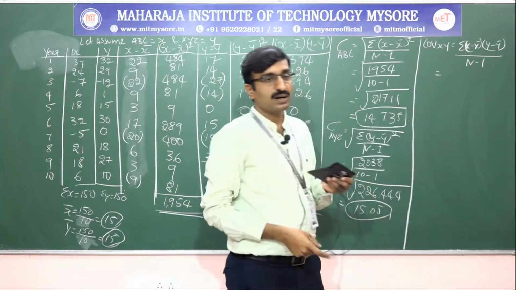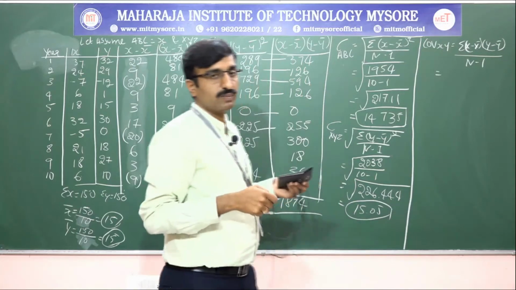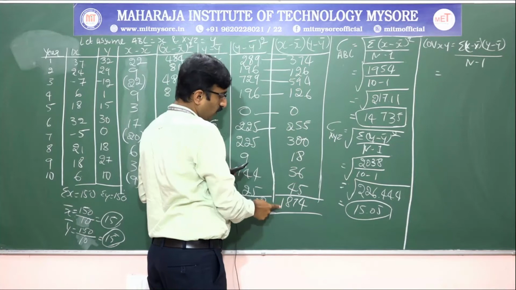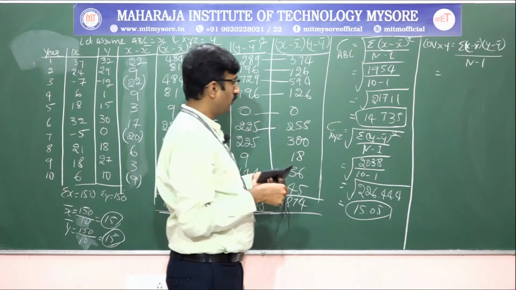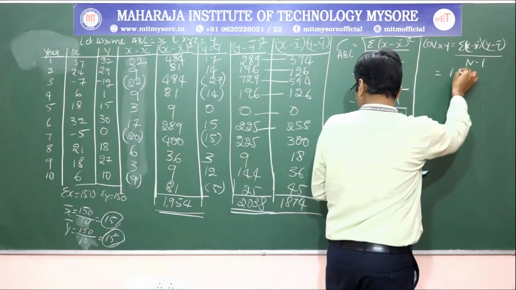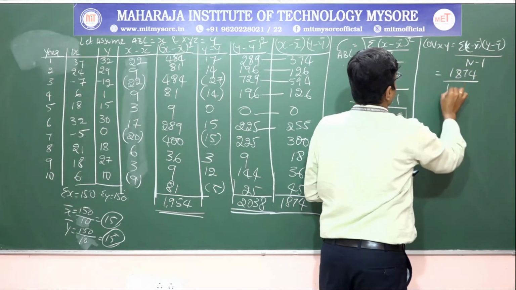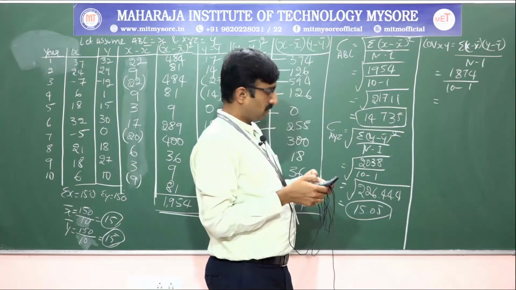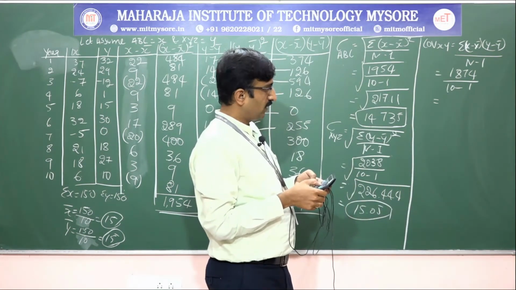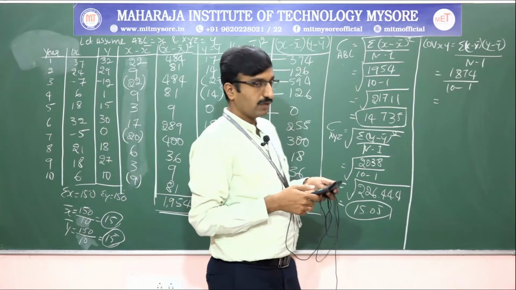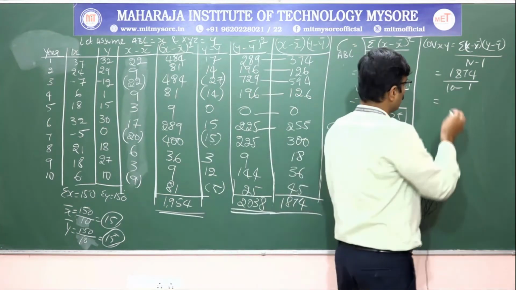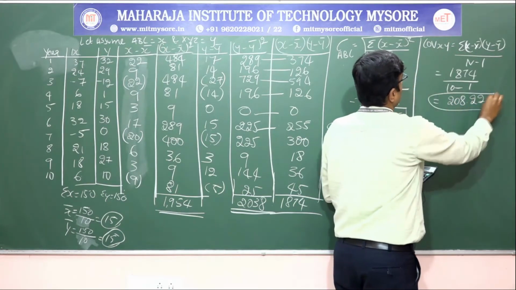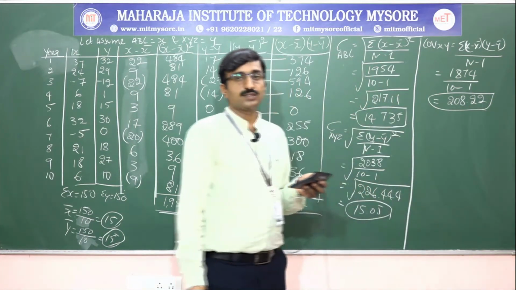Whatever you have calculated for (x minus x bar) into (y minus y bar), the total value is 1874. So, 1874 divided by 10 minus 1, that is 1874 divided by 9. I will get 208.22. This is the value of covariance of XY.